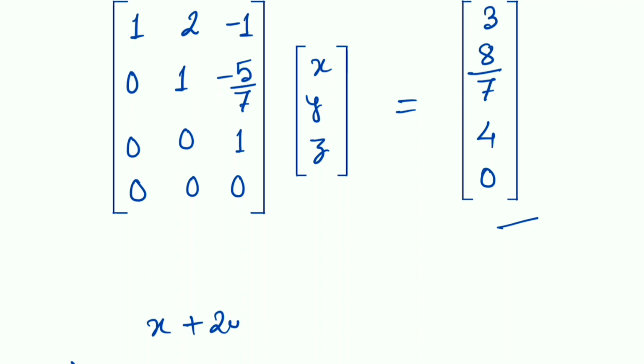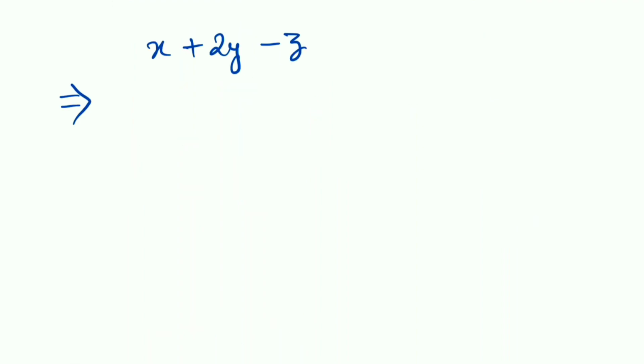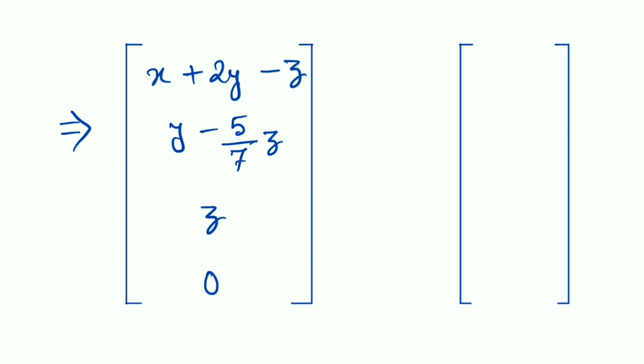So we will do matrix multiplication. 1 into x, x, 2y, minus 1z, minus z. Similarly, next row y minus 5 by 7 z, and the third row was z, and the last row was 0, which you can eliminate. And the resultant matrix 3, 8 by 7, 4, 0.